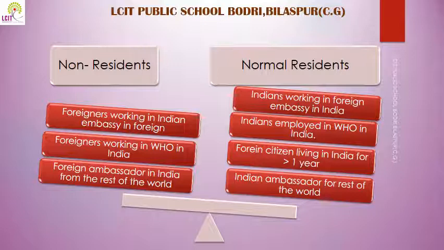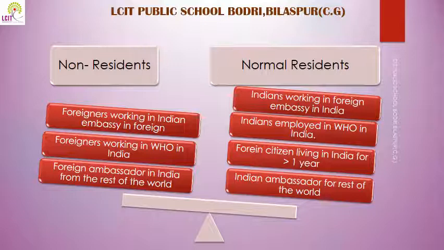Then there is a foreign ambassador in India from the rest of the world. Foreign ambassadors who are living in India, working as an ambassador in India. They are not Indian ambassadors, they are foreign ambassadors who are in India from different countries, from US, from Japan, from Australia.